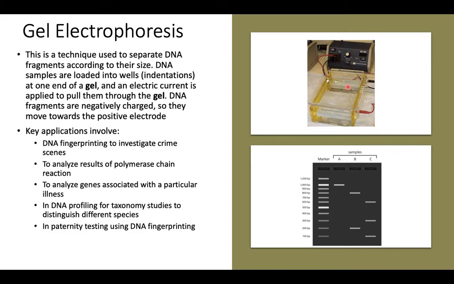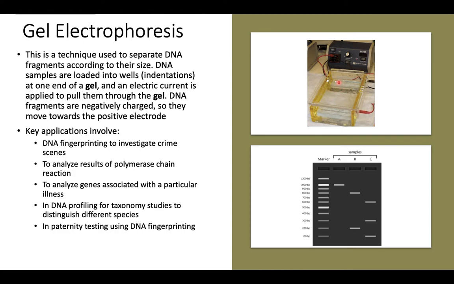So we know that DNA is negatively charged, so when the DNA is broken up into tiny little pieces by adding different restriction enzymes, that DNA is going to travel to the positive side. So this machine here is going to apply a voltage to the gel, and one side is going to have a negative voltage and the other side is going to have a positive voltage.